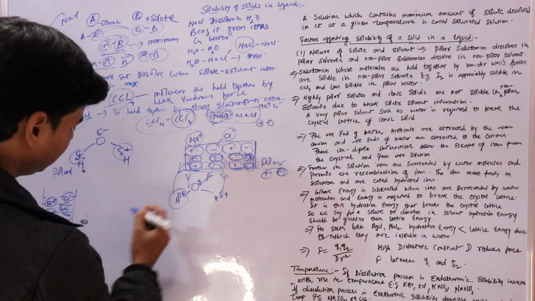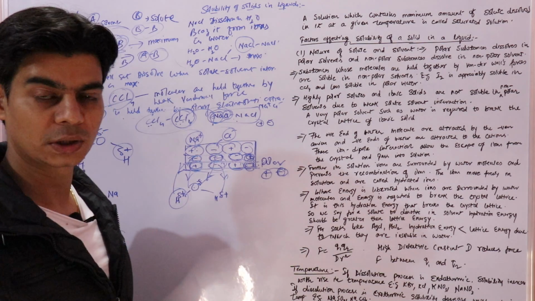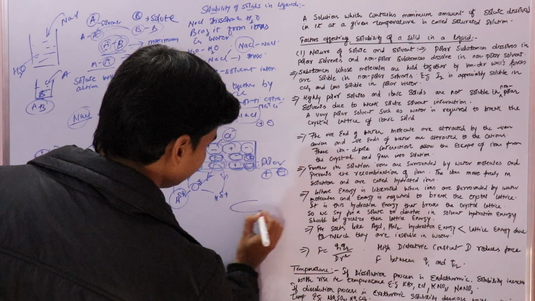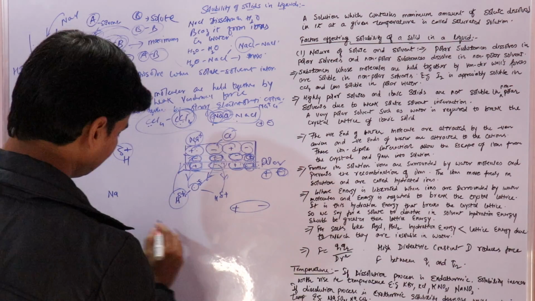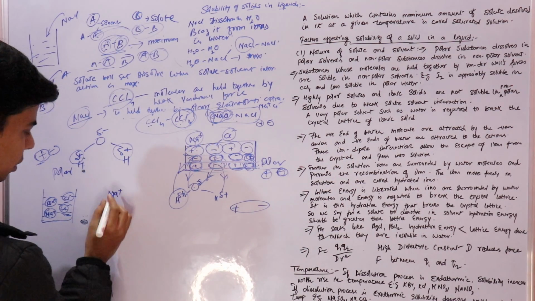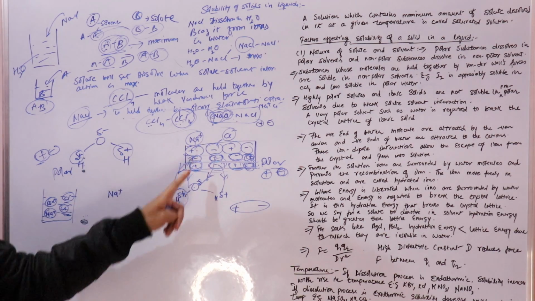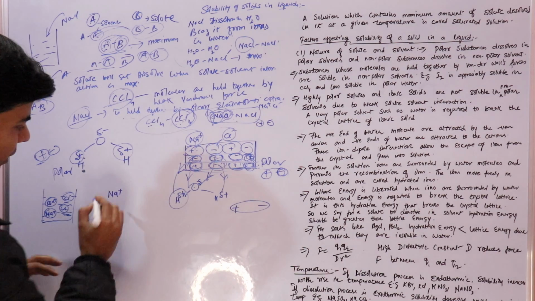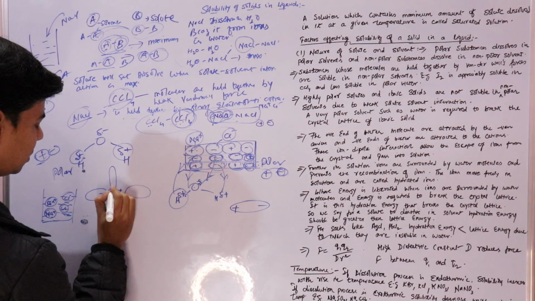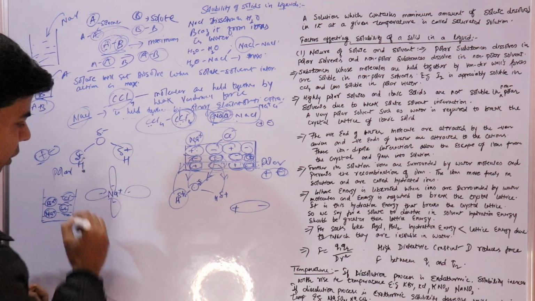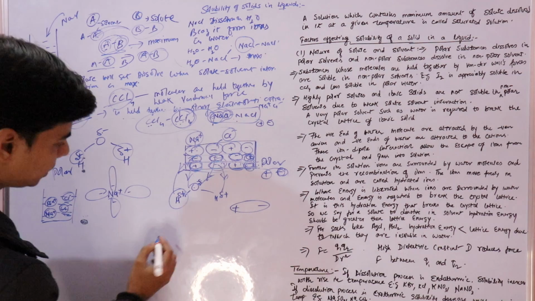We know that water is dipolar in nature. That means it has two poles, positive pole and negative pole. So after it pulls sodium ions in water, water will surround these sodium ions.